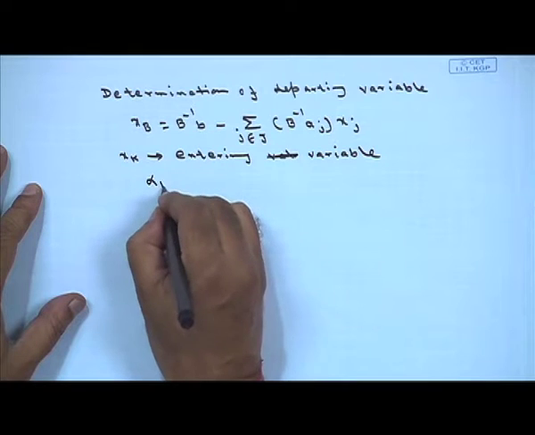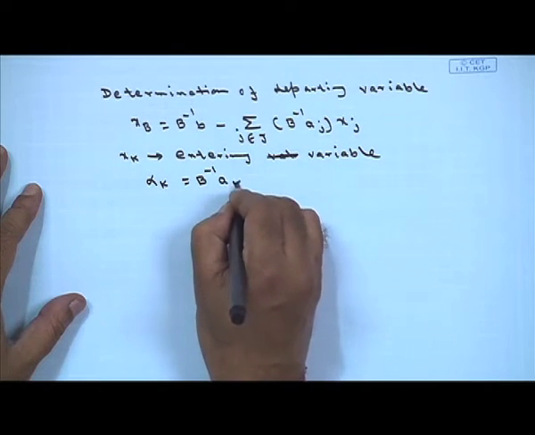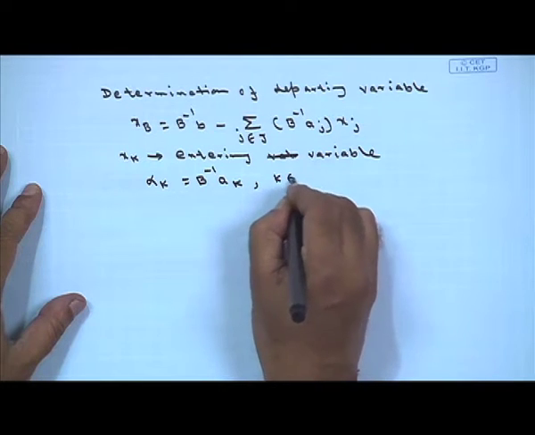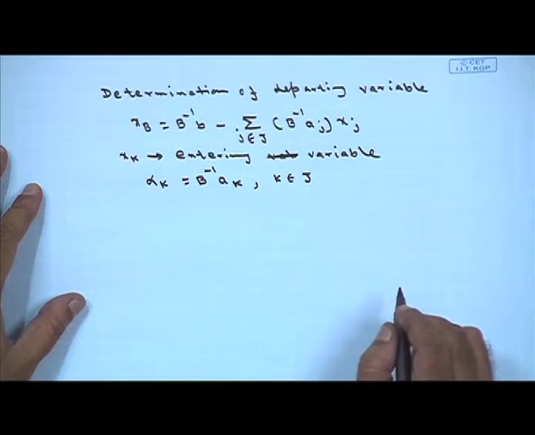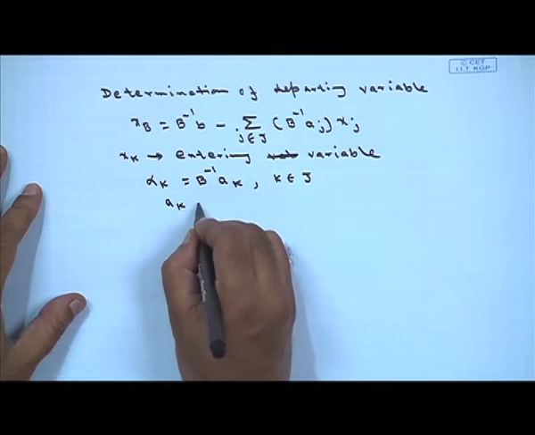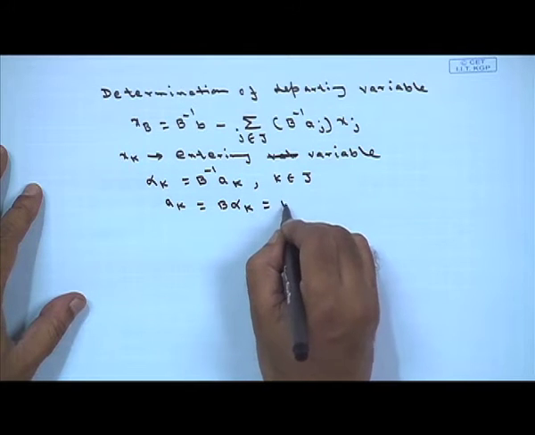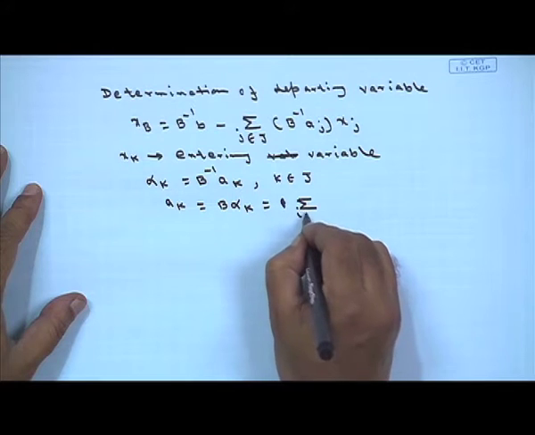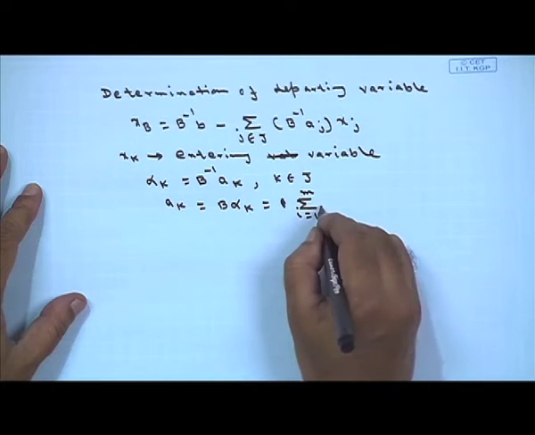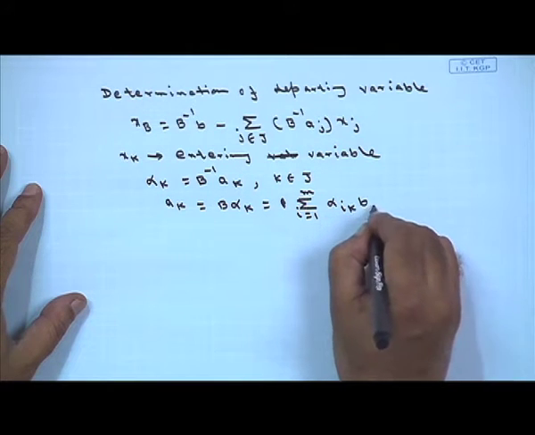Then I can write alpha k equals B inverse ak, where k belongs to the index set of non-basic variables, and from here you can write ak equals B into alpha k, and B into alpha k I can write as summation i equals 1 to m alpha ik into bi.